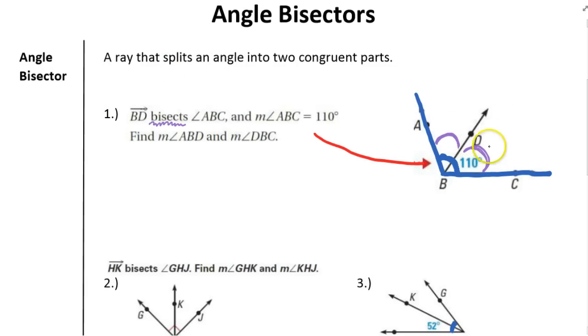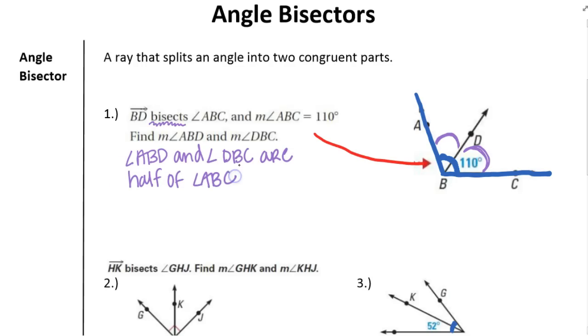If these two are exactly the same, couldn't you say that each purple angle is half of the blue angle? So angle ABD and angle DBC are going to be half of angle ABC. And what's angle ABC again in the picture?